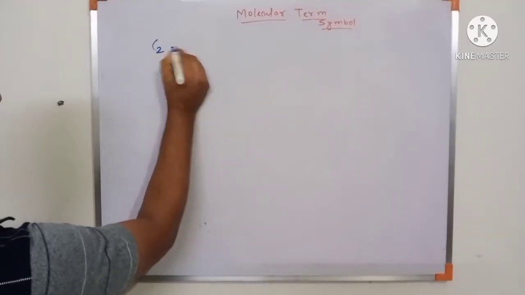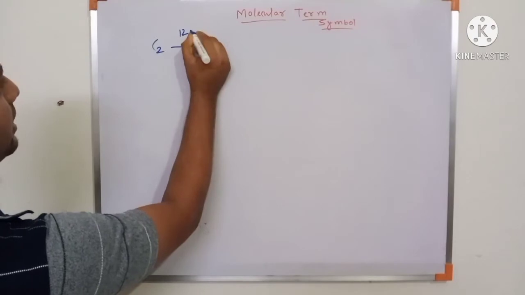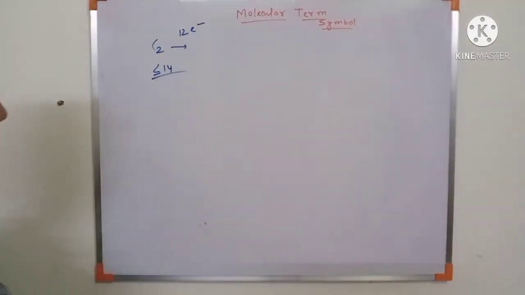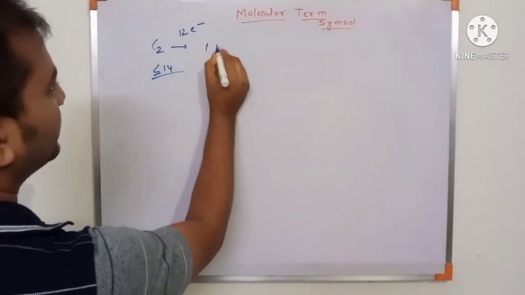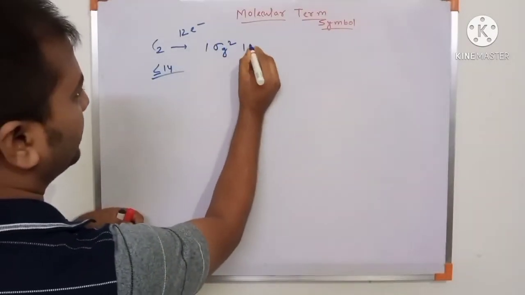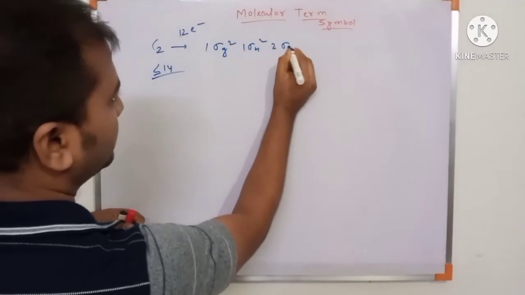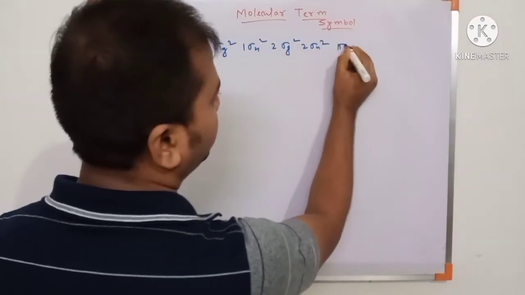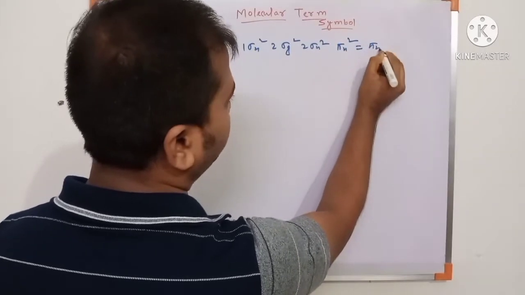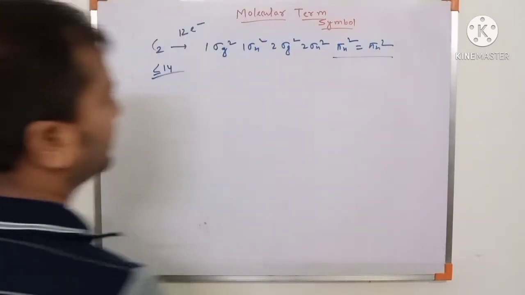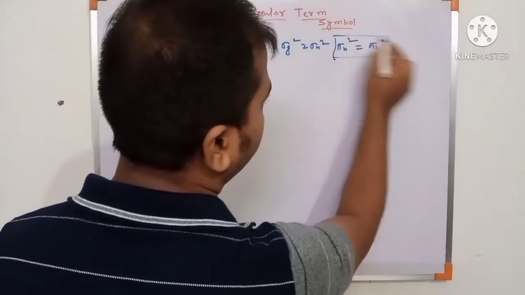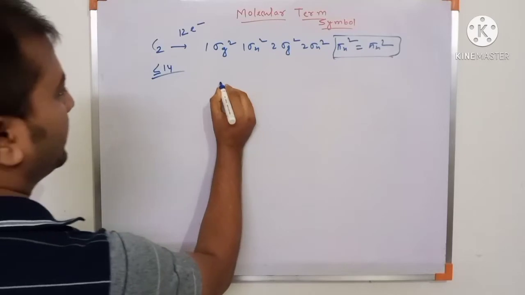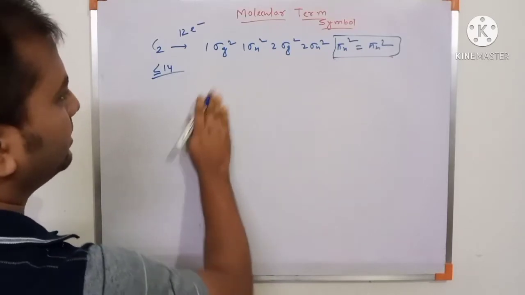In case of C2, total electrons are 12, so this is less than or equal to 14. So 1 sigma g2, 1 sigma u2, 2 sigma g2, 2 sigma u2, and pi u2 equal to pi u2. We calculate the molecular term only for the valence shell electrons. So first calculate the lambda value.